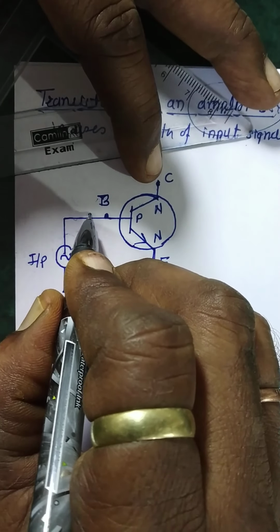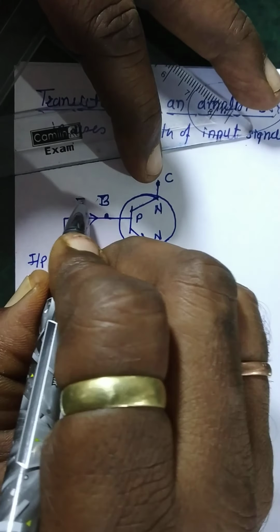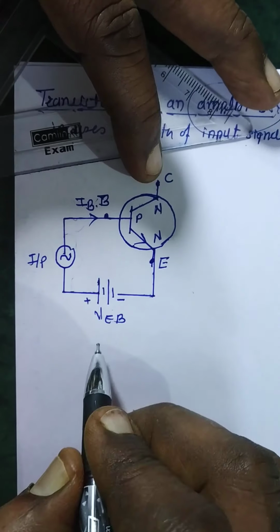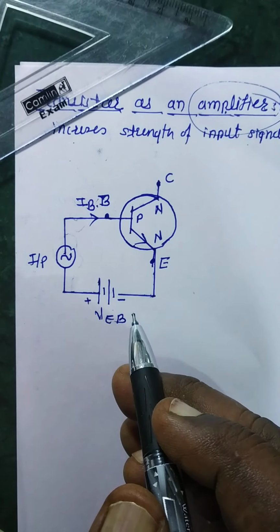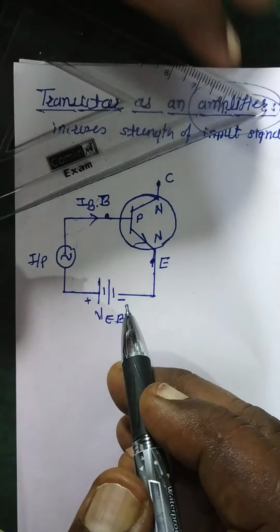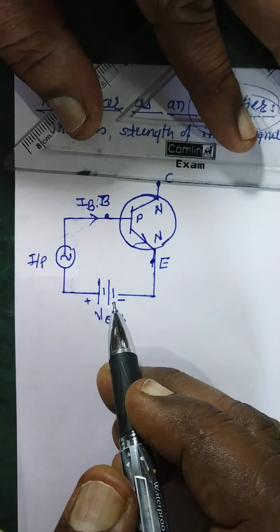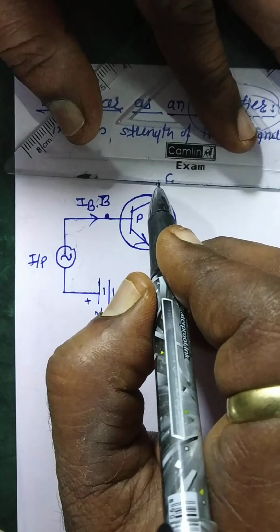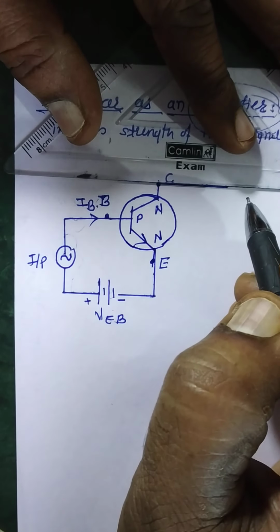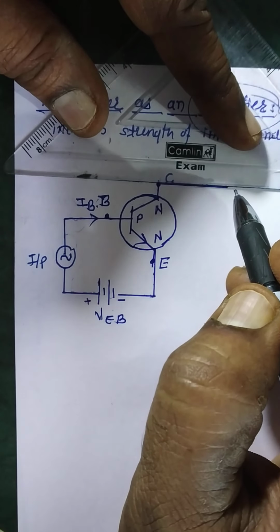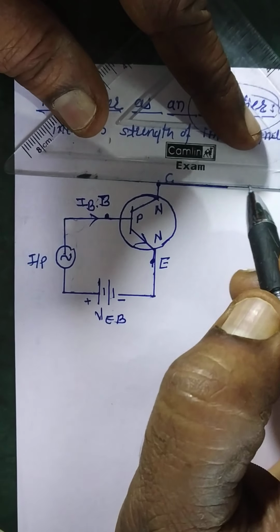Current, that is base current IB, potential between emitter and base, here collector current IC. The collector current IC.